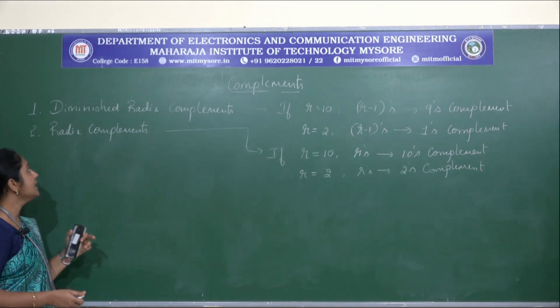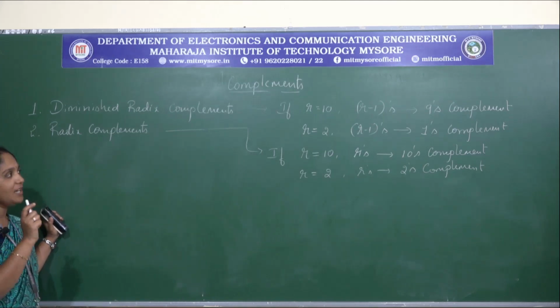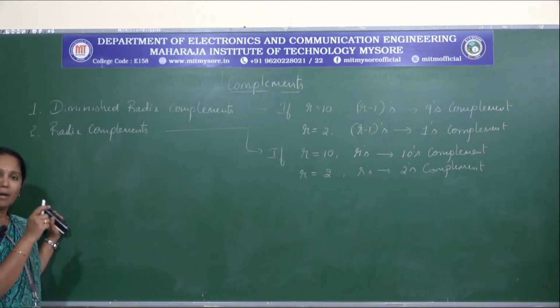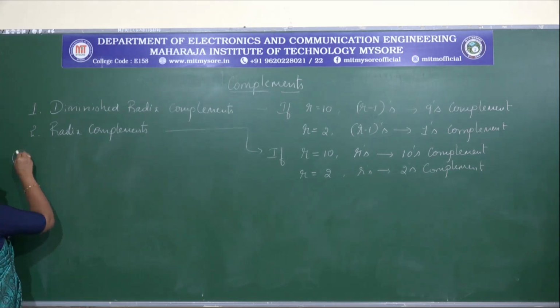Now, let me consider the diminished radix complement first, which is 9's complement for decimal and 1's complement for binary.